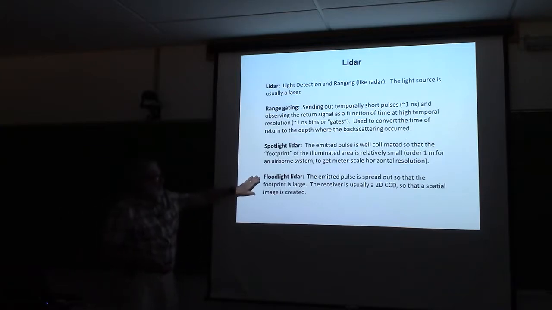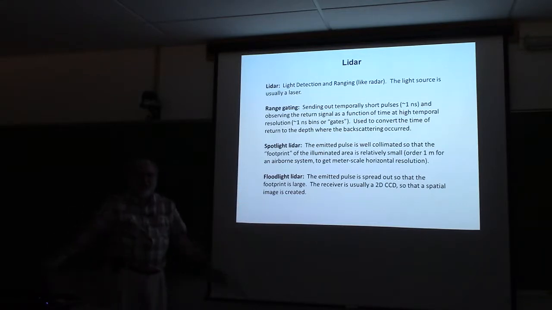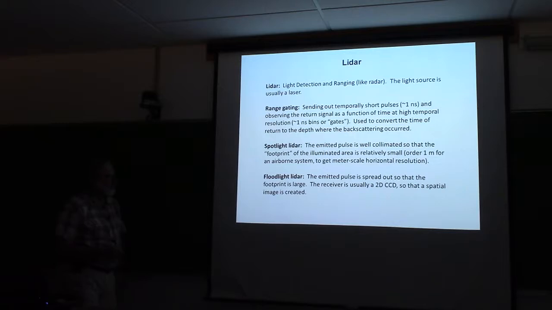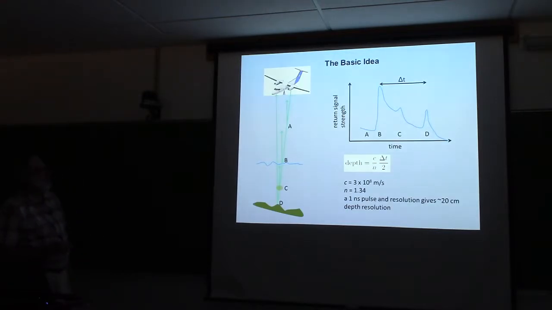And then there are floodlight lidars, where you spread the beam out on purpose, so you get a large footprint that might be, say, 10 meters by 10, and then the return signal you put onto a 2D CCD array, and each little direction is a different pixel, and you can then build up an image of the whole thing all at once.